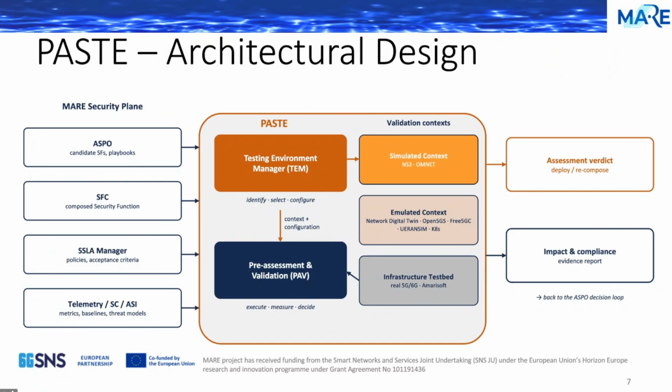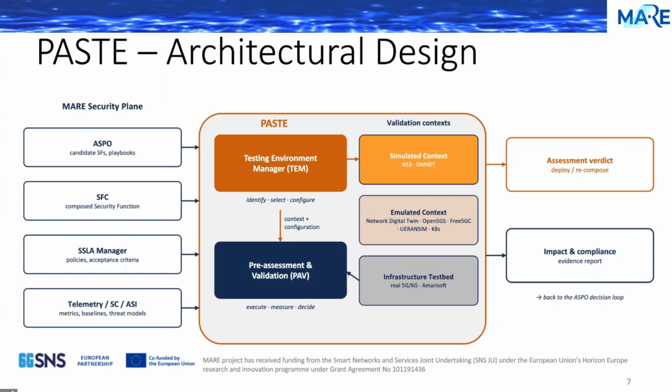So what will be the impact of the security function in position in the network, and does it comply mainly with the security service level agreements and SLAs, such as quality of service and quality of experience that the network needs to maintain after the security function is applied.